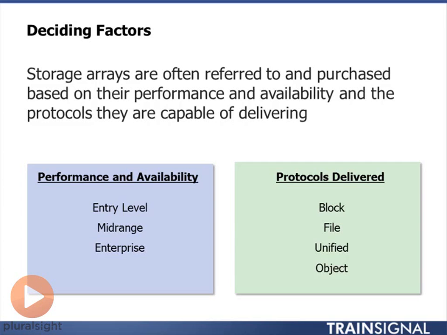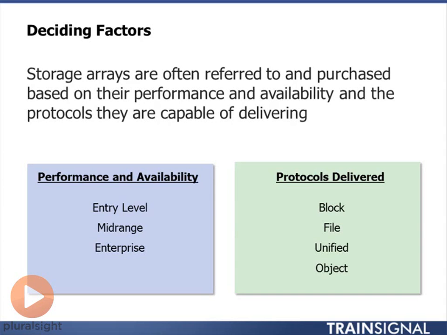Now protocols delivered are how your hosts actually attach to the storage array itself. Is it at the block level? Is it at the file level? Is it both? Or is it object level? Block, and we'll go over this in subsequent slides, is really providing Fibre Channel, iSCSI or FCoE, Fibre Channel over Ethernet, data center protocols to your host.